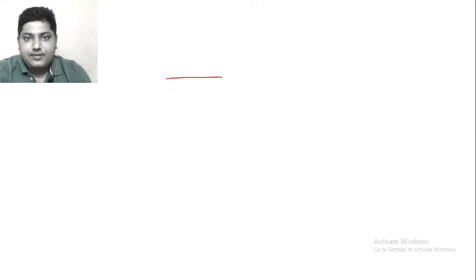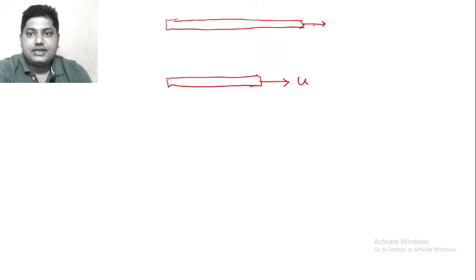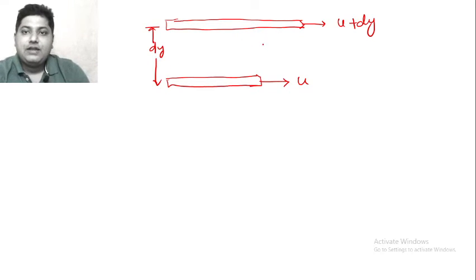Suppose this is my bottom layer, which is moving with a velocity of u, and this is my top layer, which is moving with a velocity of u plus du, and the gap in between is dy. Now just imagine, this top layer and this second layer.